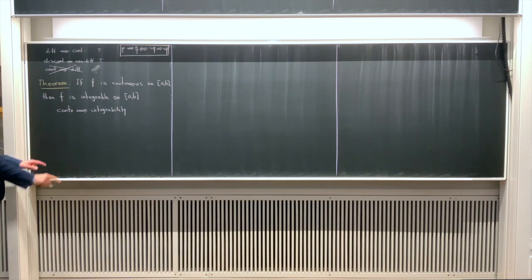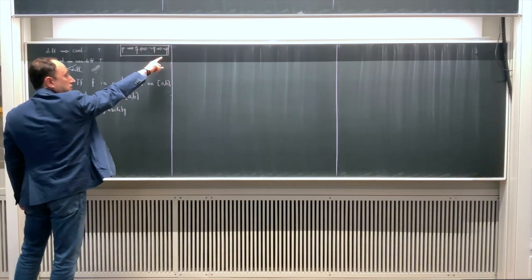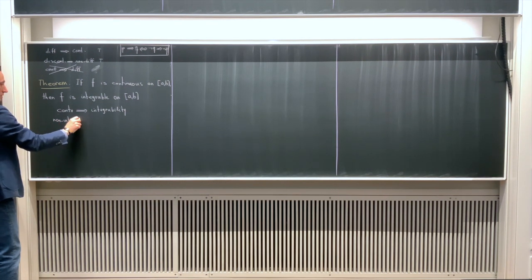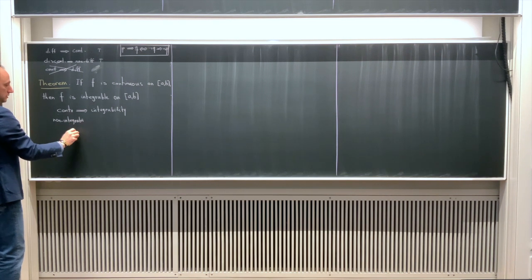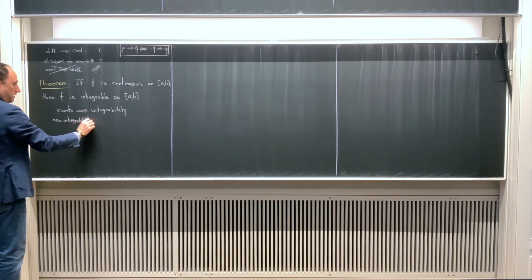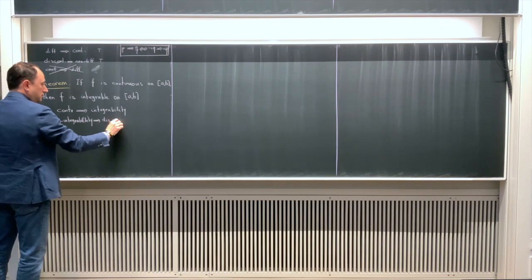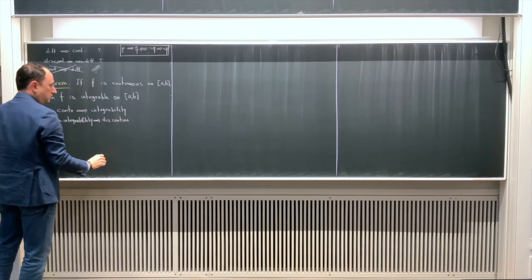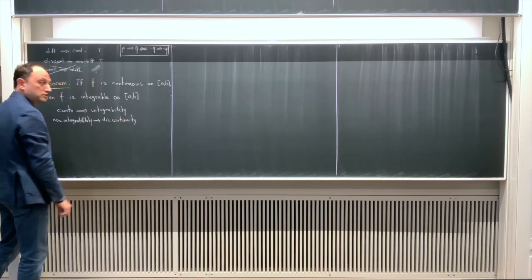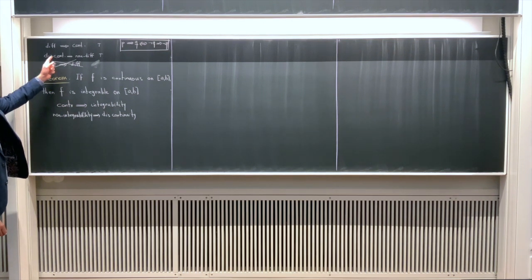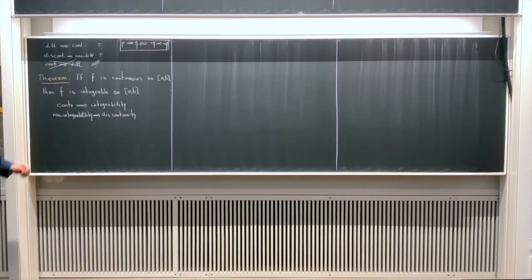Okay? And then I told you that because of this rule, non-integrability implies discontinuity. The proof is not as easy as the previous ones, but you have to know it, okay?